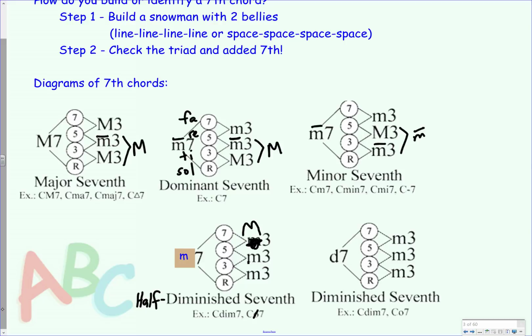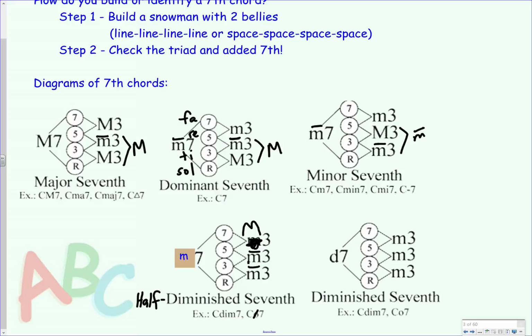First up is the half diminished 7th. Remember that when we deal with half diminished 7th, we have to put a slash through the diminished sign, indicating that it's only half diminished and not fully diminished. So in our half diminished 7th chord, you guessed it, we're going to have a diminished triad, because from root to third we have a minor third, and from third to fifth we also have a minor third.